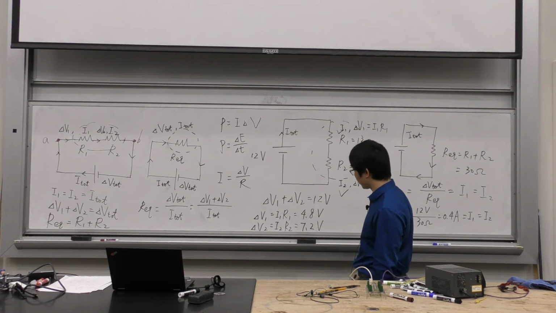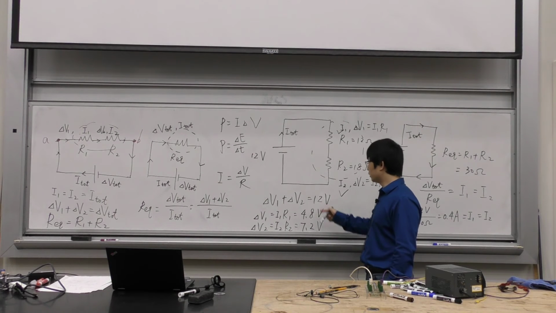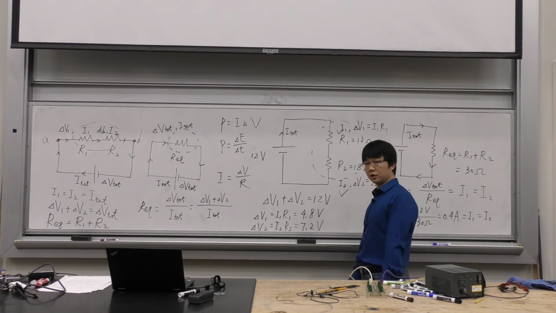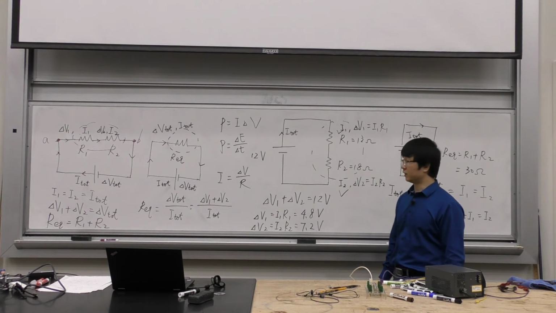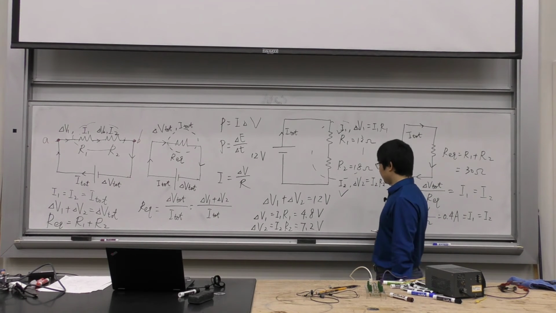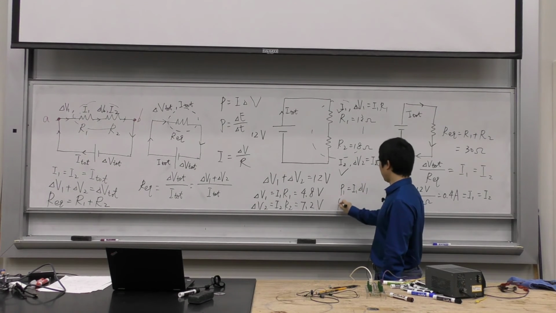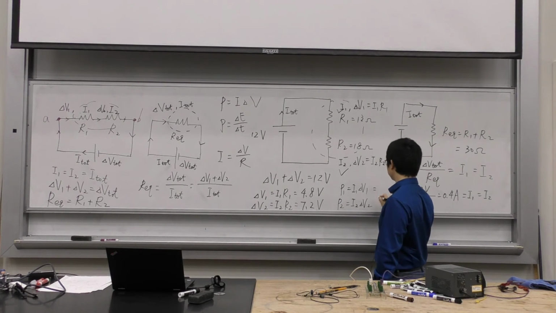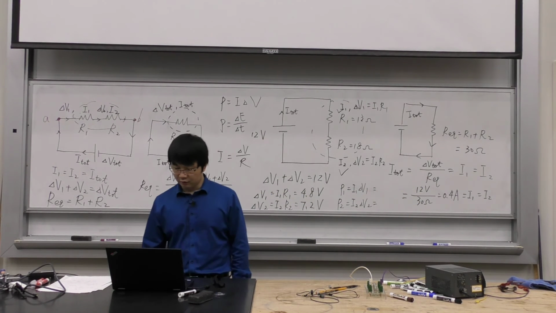To check if your answer is right, add these two numbers together, and you will get 12. You got the two voltages right. If you add them together and you don't get 12, you may have made a mistake. Once you have done that, the power of each is just going to be I1 V1 and I2 V2. The theory we have learned earlier doesn't change.